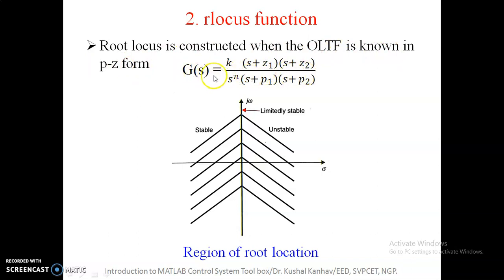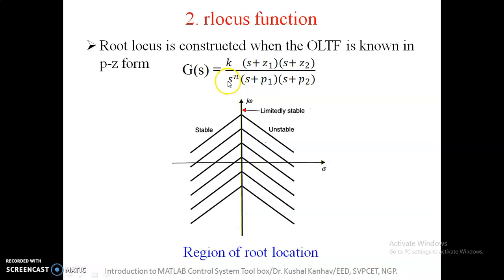G of s is equal to k times (s plus z1) into (s plus z2) upon s to the power n into (s plus p1) into (s plus p2). The numerator terms indicate the zeros of the system and the denominator terms indicate the poles of the system. Now this s to the power n, this power n of s indicates the type of the system, whether it is type 0, type 1 or type 2.